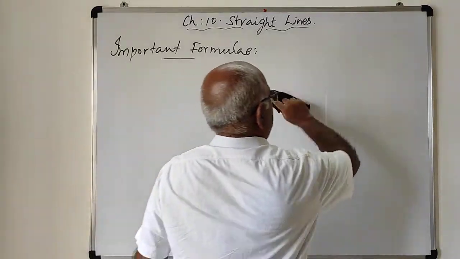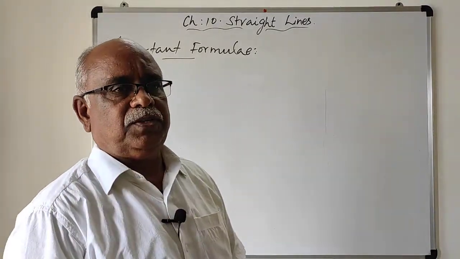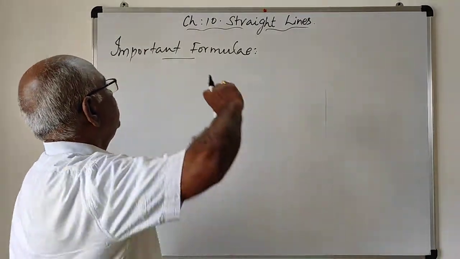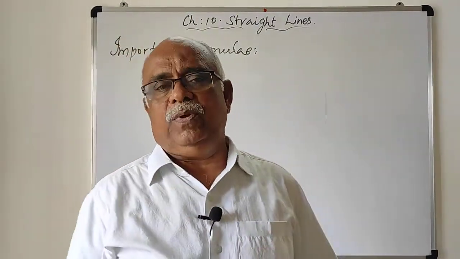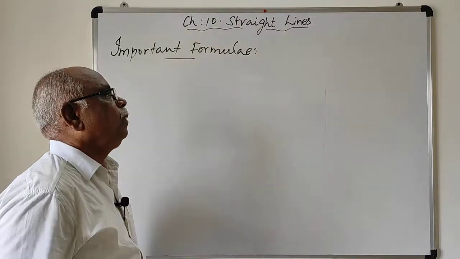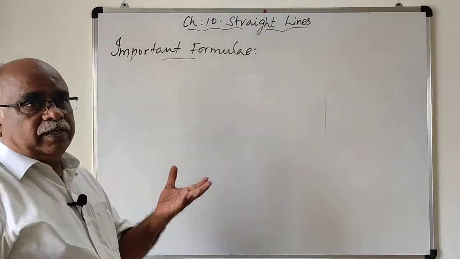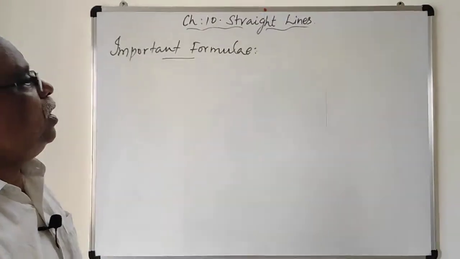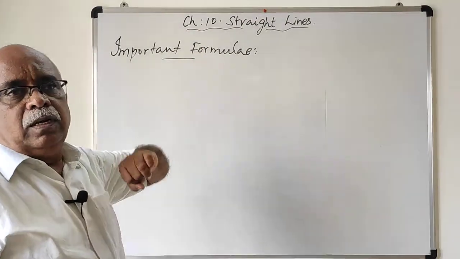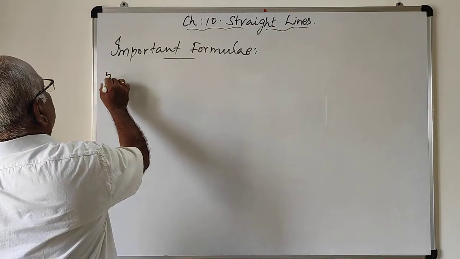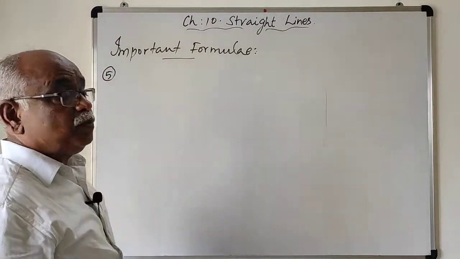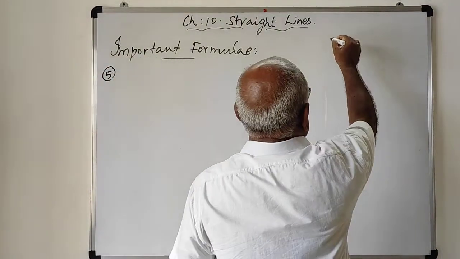See, in the CBSE syllabus, plus 1 mathematics, 11th standard, straight lines is the 10th topic. We covered the 13th chapter in the previous video, and in this video we are continuing chapter 10. Listen, the fifth result is the distance between two points in a coordinate system.